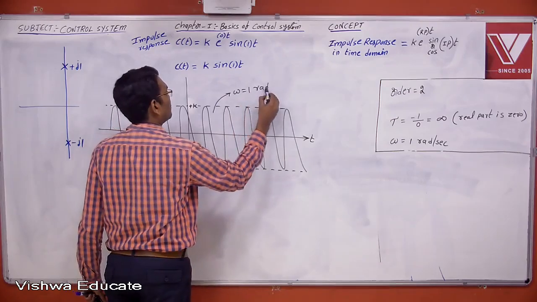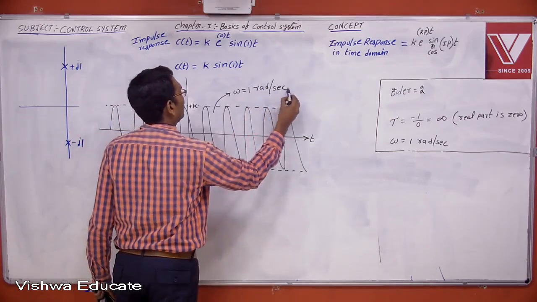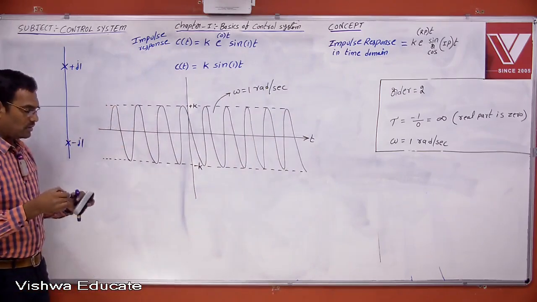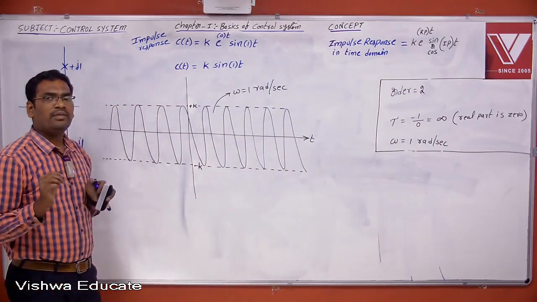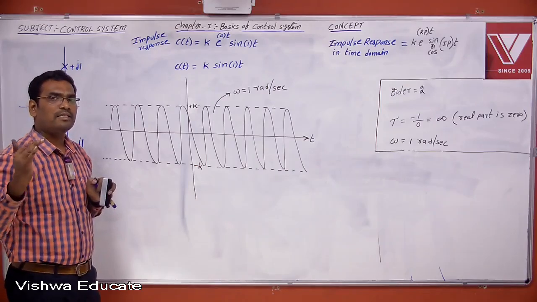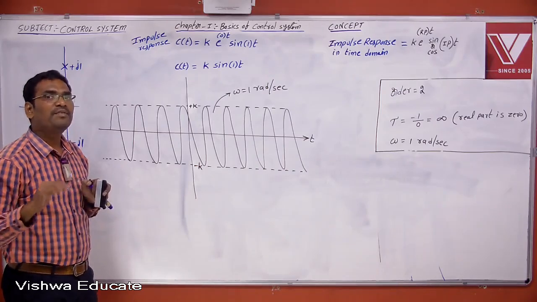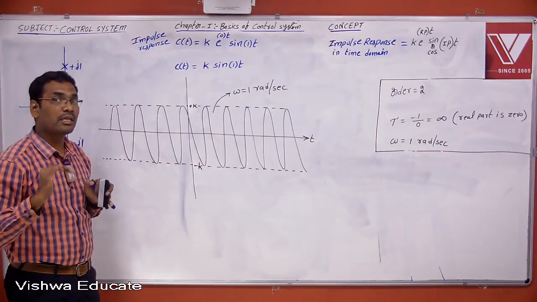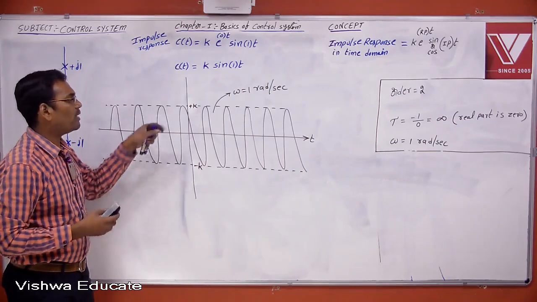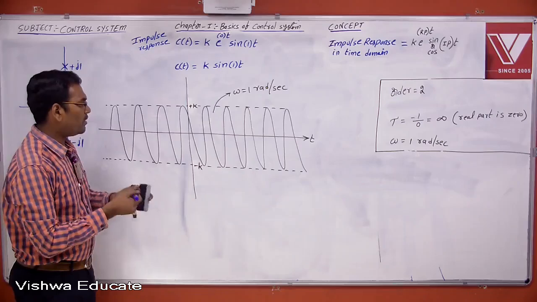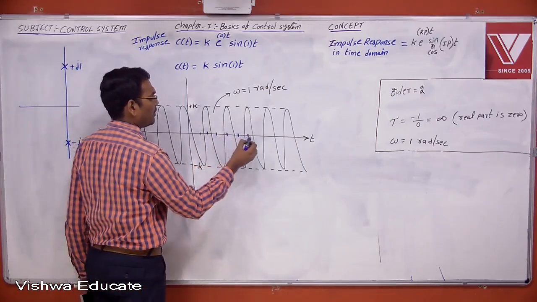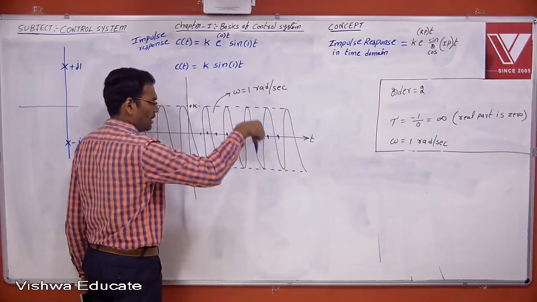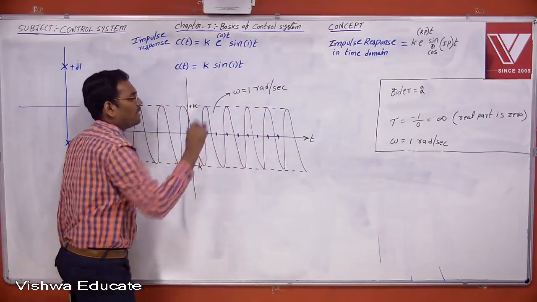Now see the response. Previously, if the system is stable, the response follows the input. If the system is unstable, the response does not follow the input. But what happened here? Even if you give the inputs on the time axis, the response does not follow the input and does not go away from the input.